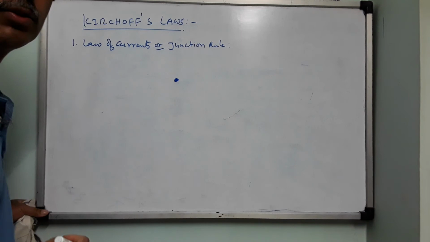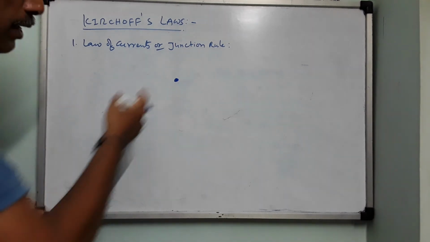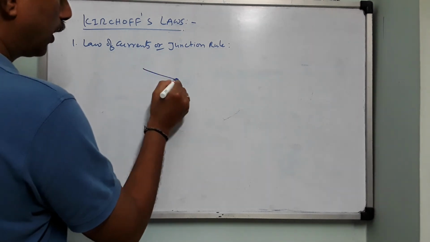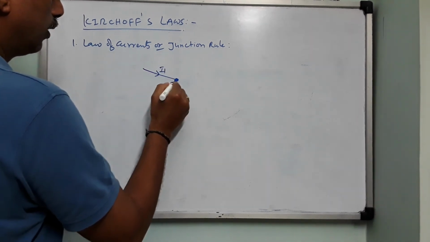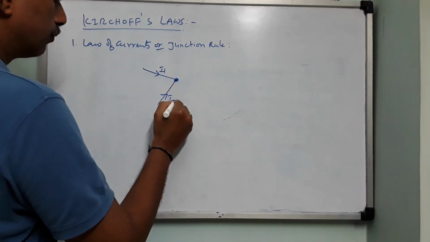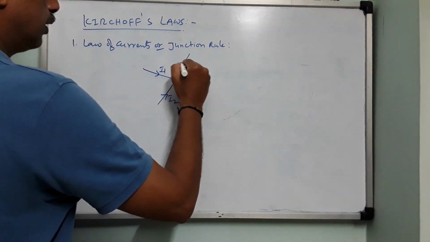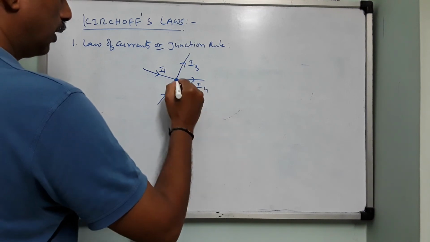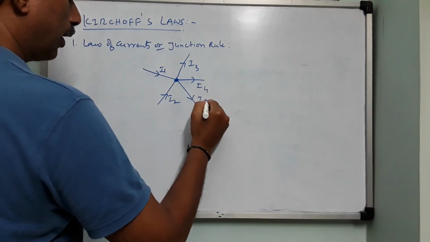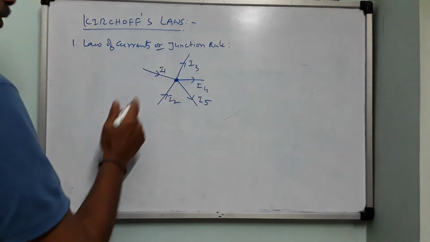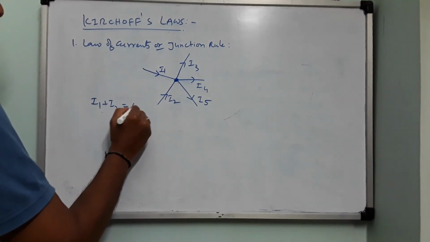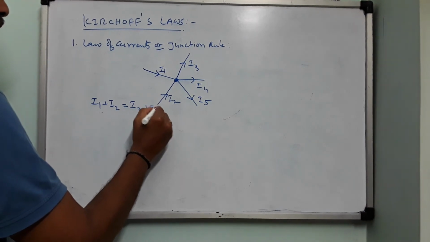When you apply this rule to an electrical circuit, you will understand what is the meaning of this junction point. There are some currents entering this junction. This is I1 and there is another current I2. Suppose it is splitting into three currents, I3, I4 and I5. This rule says that I1 plus I2 must always equal I3 plus I4 plus I5.